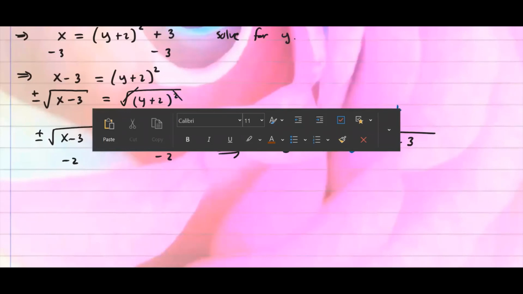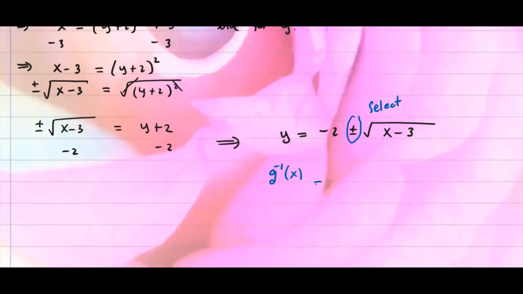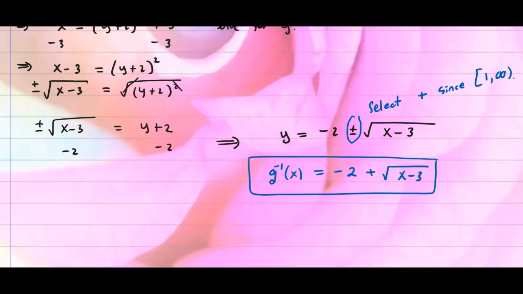So therefore, our inverse function of x, we are going to select the positive, since we're only given the interval 1 to infinity. So that will give us negative 2 plus the square root of x minus 3. So there we have our inverse function.